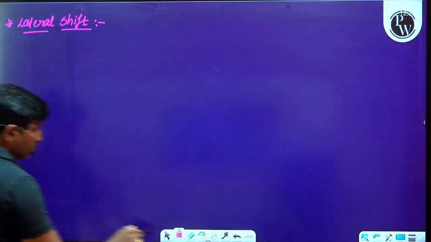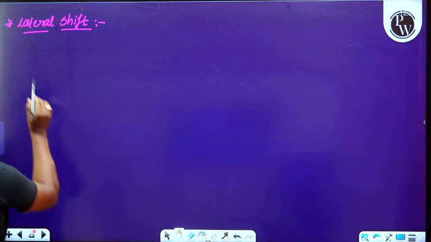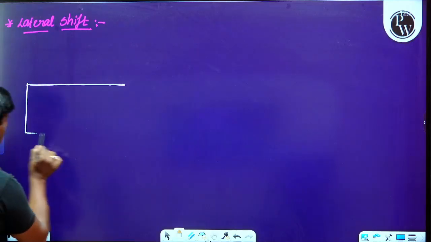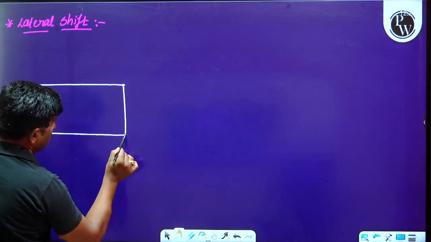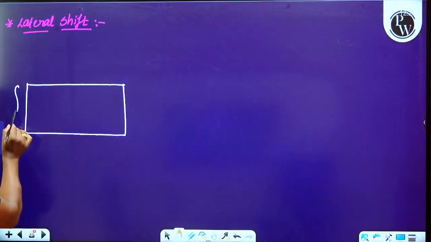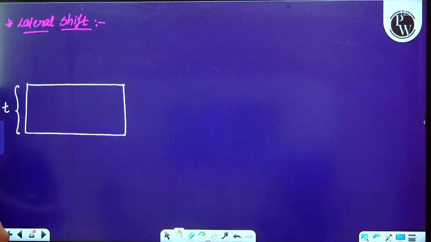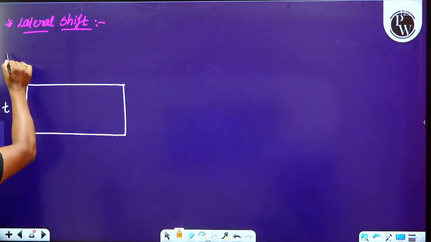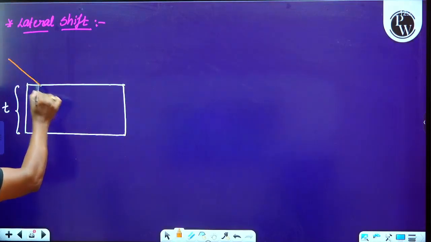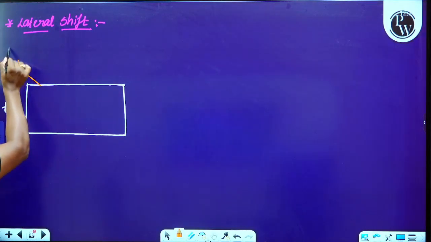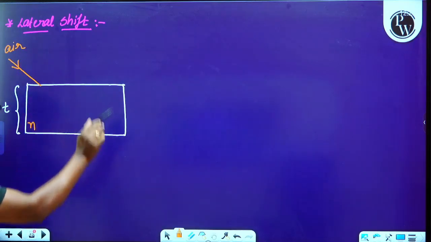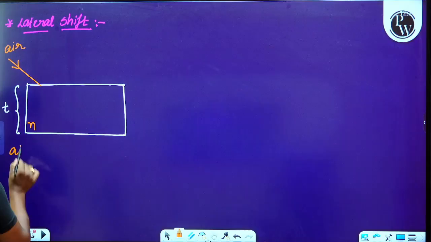Whenever we consider a slab of thickness T, please have a look here. A ray of light is traveling from the air medium, and n is the refractive index of the glass slab, and again this is the air medium.